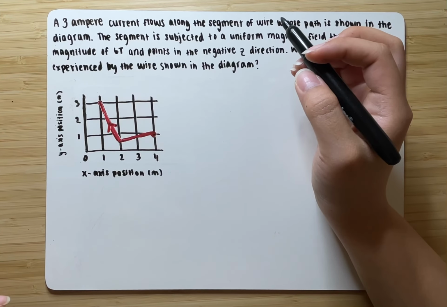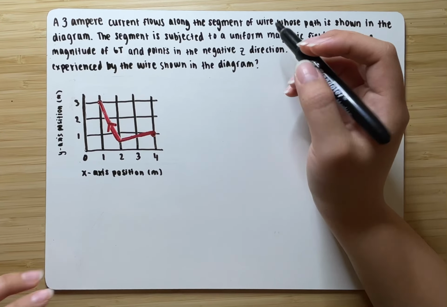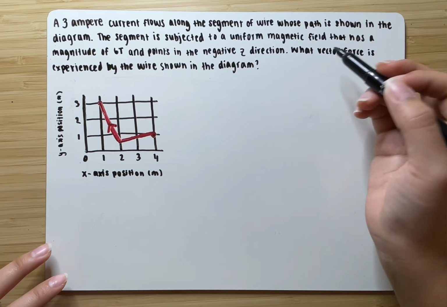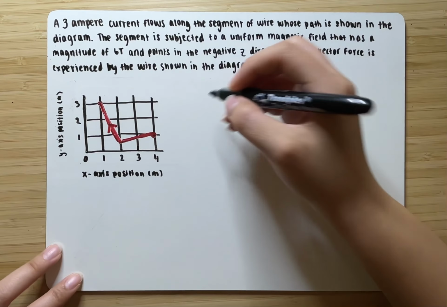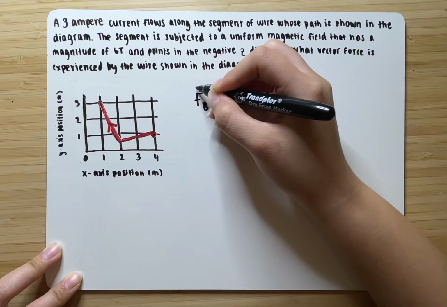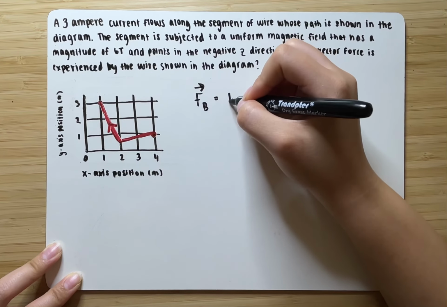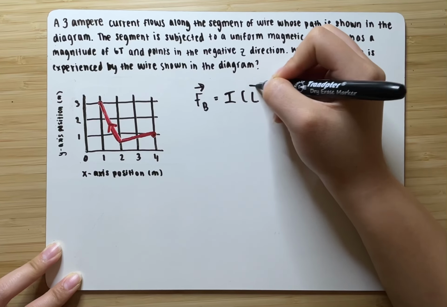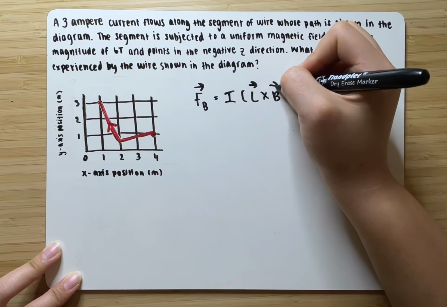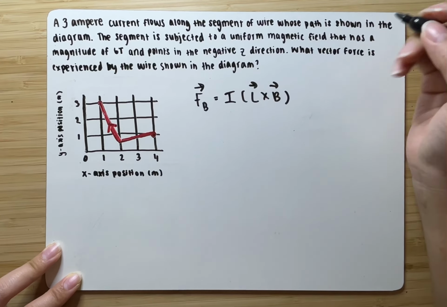It's given us a segment of wire, current, and a magnetic field, which means that the formula we're going to use is going to be magnetic force, because we're solving for a magnetic force, is equal to the current times the cross product of the line segment and the magnetic field.